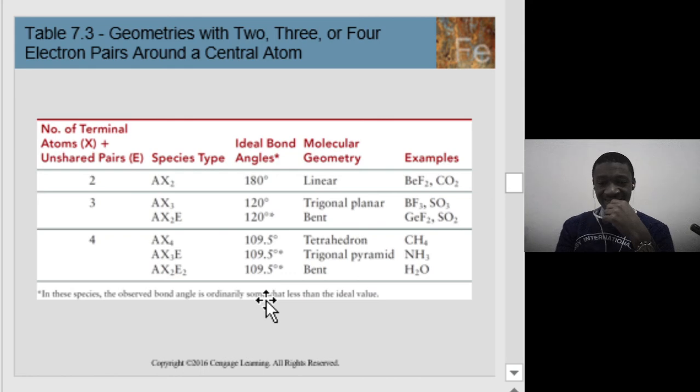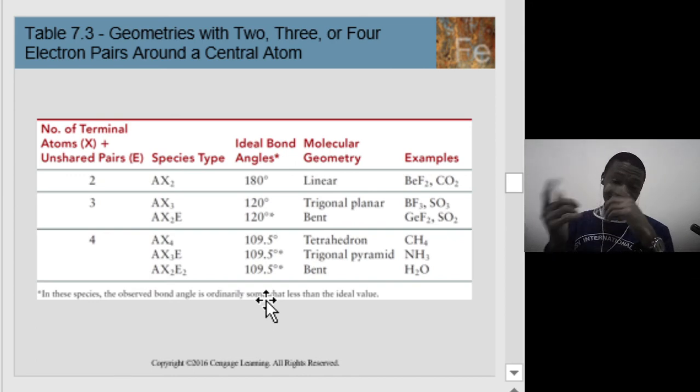So there's an E now for unshared pair of electrons to make our ability to describe shapes or geometry of compounds in detail effective. So you have the A, X and E, which is like AXE.